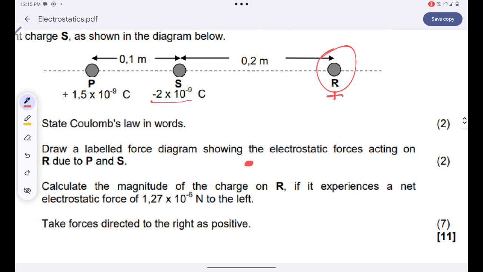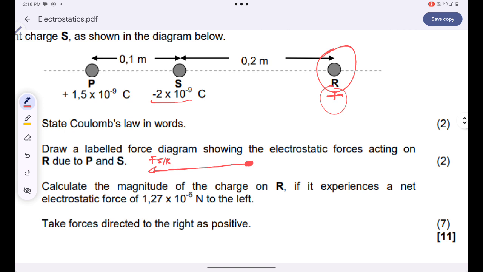This one is positive, the other one is negative. Are you together? So there is a force of attraction between them, which simply means that R will move towards the left because of sphere S. So this over here represents the force between S and R.